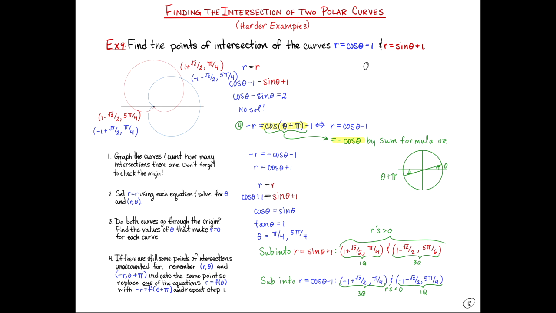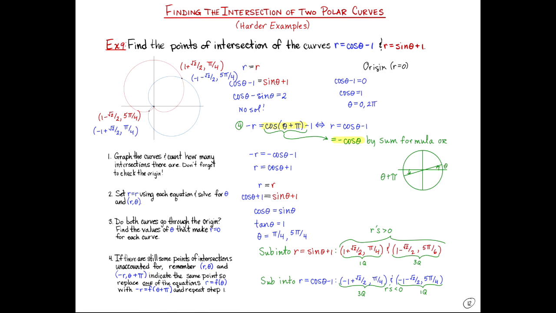We have one more intersection point, and that is at our origin. Let's set r equal to 0 to find where each of these curves intersect the origin. For cosine theta minus 1, we can add 1 to both sides, giving us theta equal to 0 and 2 pi.